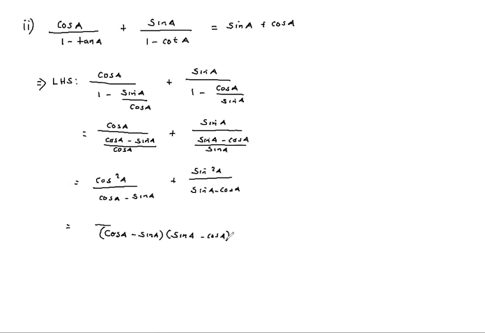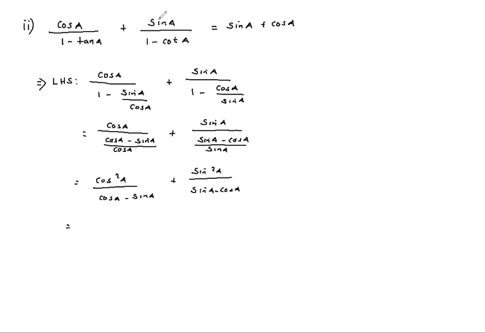Okay, so these are different. So this way will make it a bit complicated. We want to get sine A plus cos A. So what's the best way of going about this?